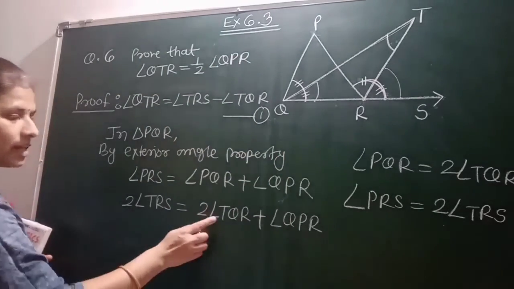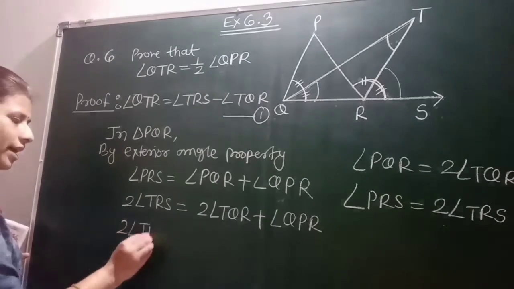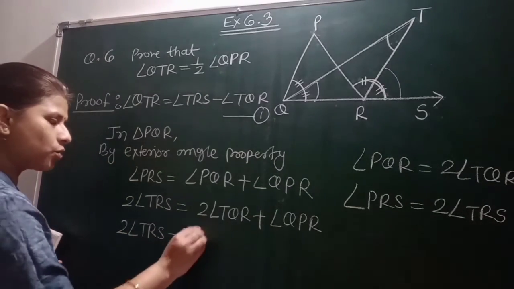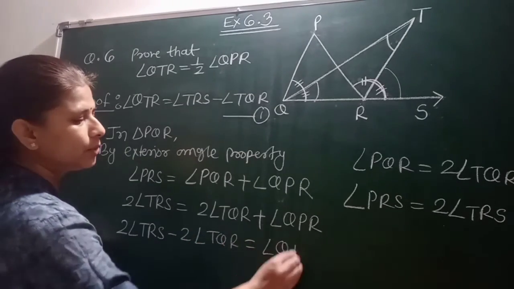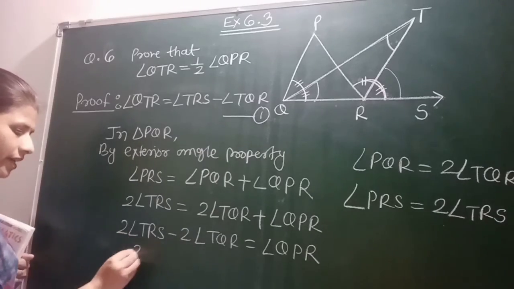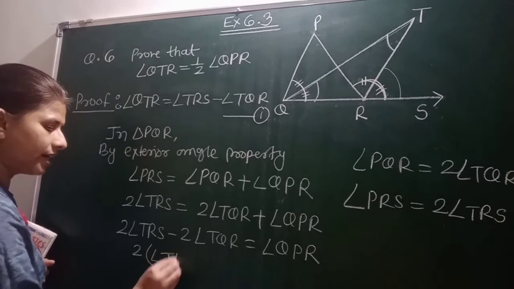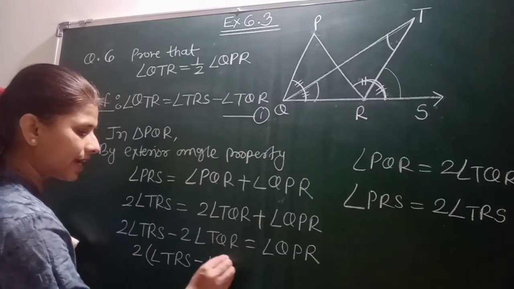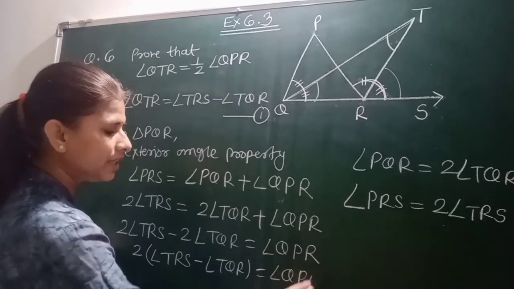Then we will shift this to the left hand side: twice angle TRS minus twice angle TQR equals angle QPR. Then what will we take common? We can take 2 as common. What will remain in the bracket? Angle TRS minus angle TQR equals angle QPR.